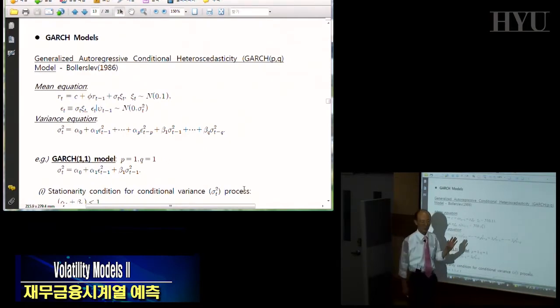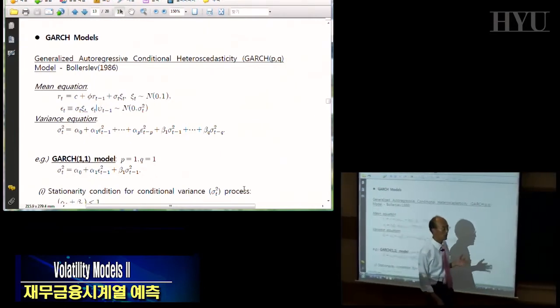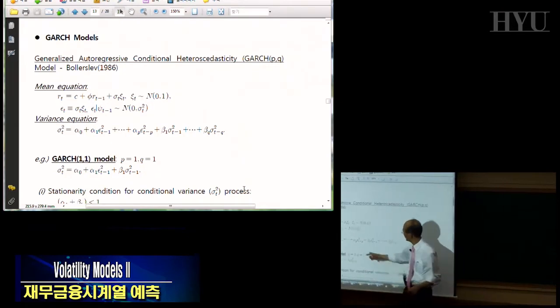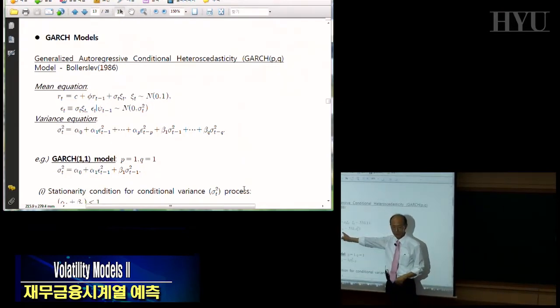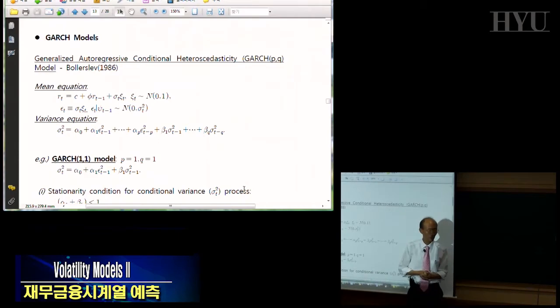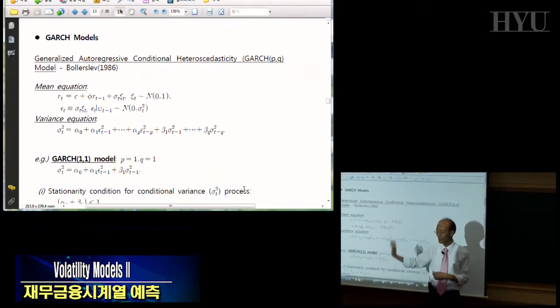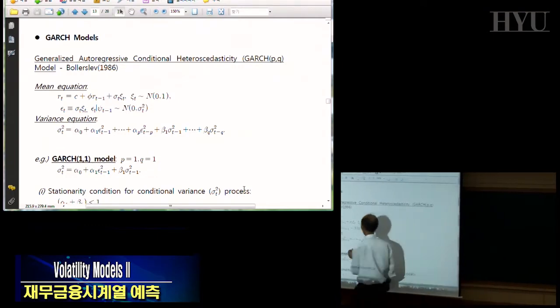So when we say information up to t minus 1 is given, it is equivalent to saying all those data known up to this point are available. So stock price until yesterday, bond price until yesterday, inflation rate until yesterday, all those are assumed to be known. Okay. So it's not that complicated.